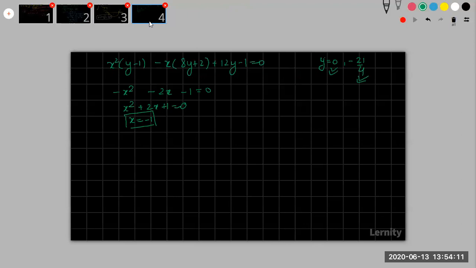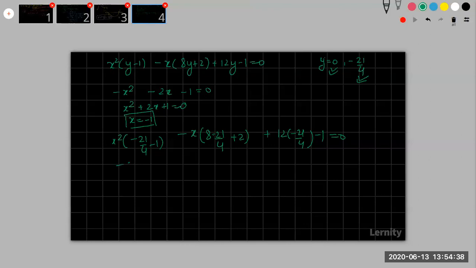Now I will check for minus 21 by 4. That means x square into minus 21 by 4 minus 1, minus x into 8 into minus 21 by 4 plus 2, plus 12 into minus 21 by 4 minus 1. Okay, so I'll check this is equal to 0. So this is minus 21 minus 4, so this is minus 25.